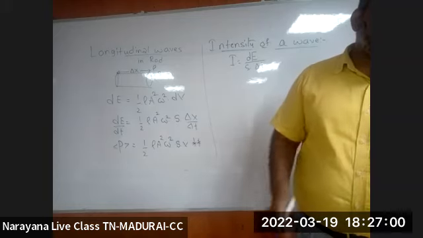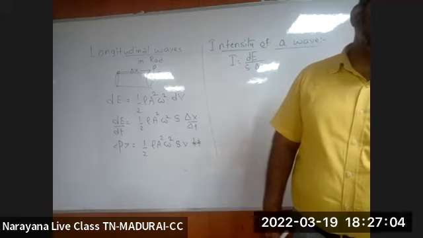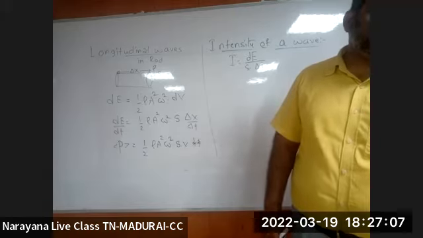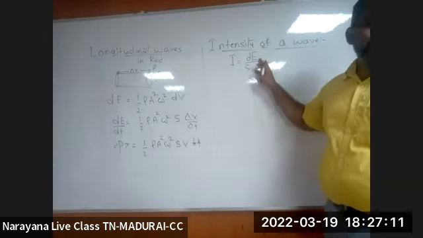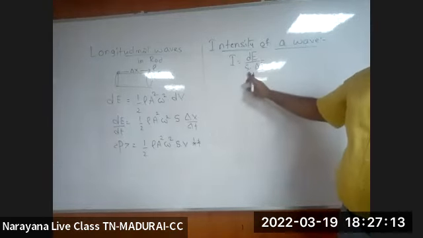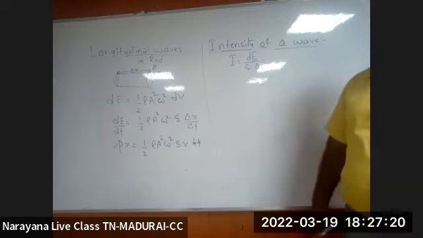Who is taking that energy and dropping it in your eardrums? Who is doing that job? The wave is doing the job. It means that the wave should have some energy per unit area, 1 meter square, in 1 second, which is defined as the intensity of the wave.